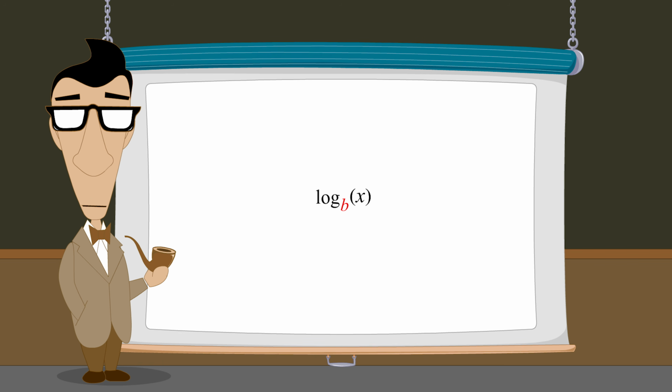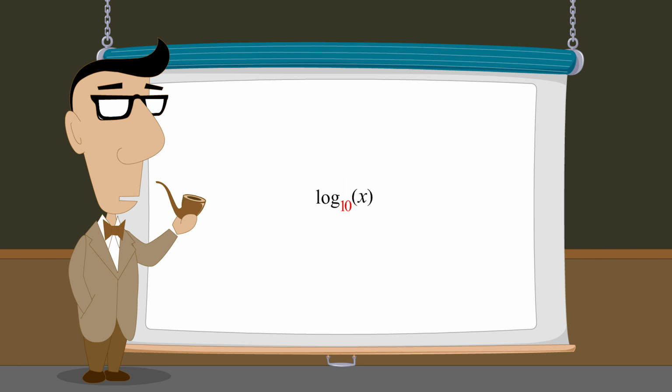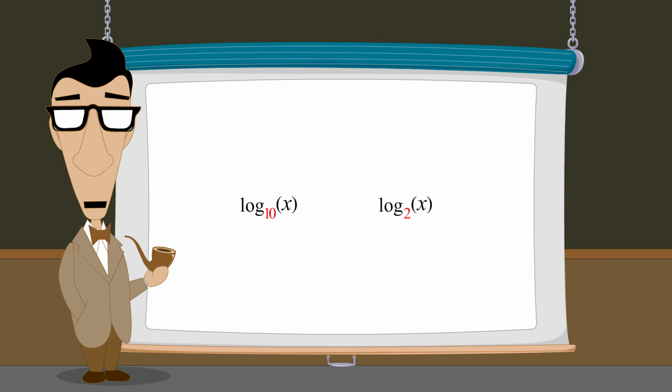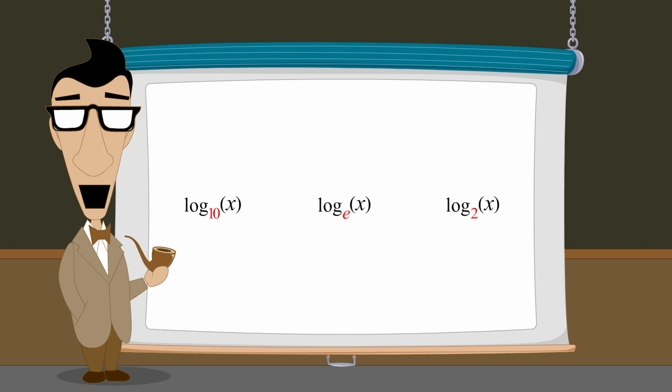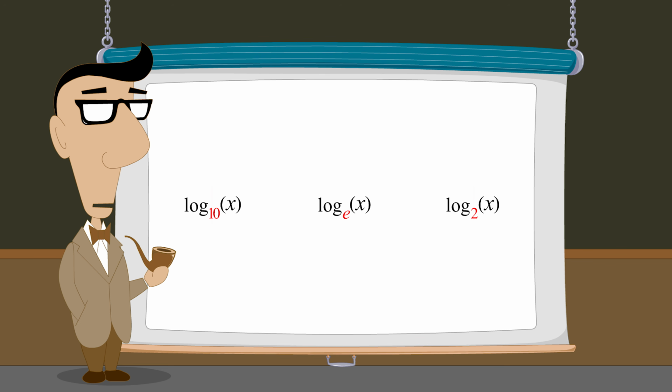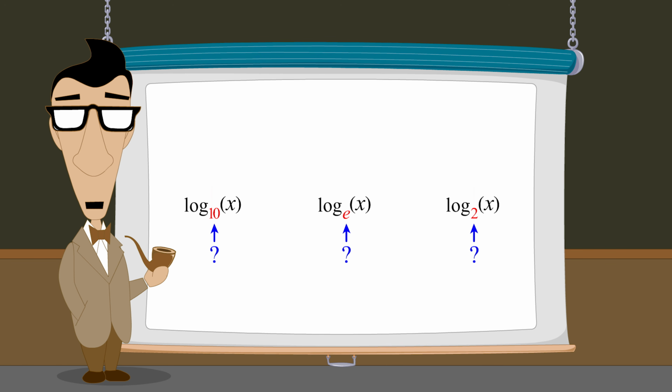However, the base values most commonly used for logarithms are 10, 2, and the irrational constant e, which is approximately equal to 2.718. Since a logarithm's base can be any positive real number other than 1, why are these three base values the most commonly used bases for logarithms? So let's examine these three logarithms a little closer to see why they are especially useful.